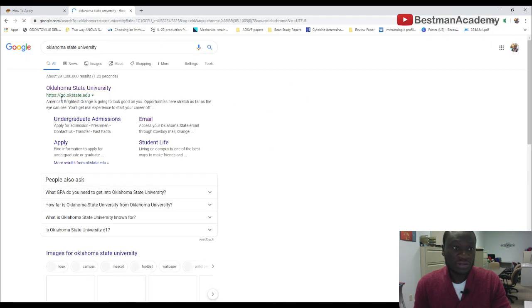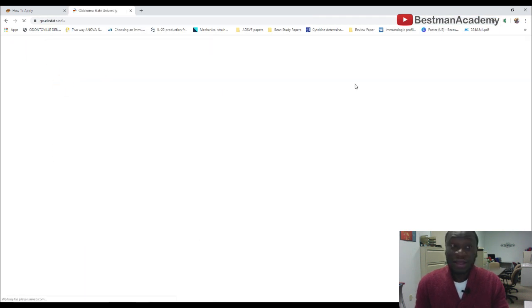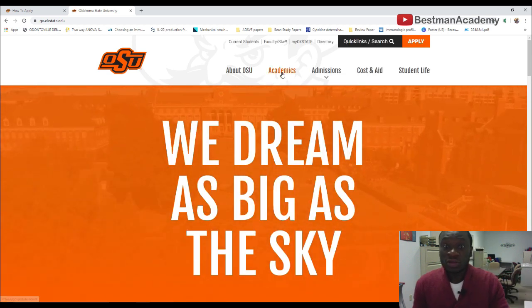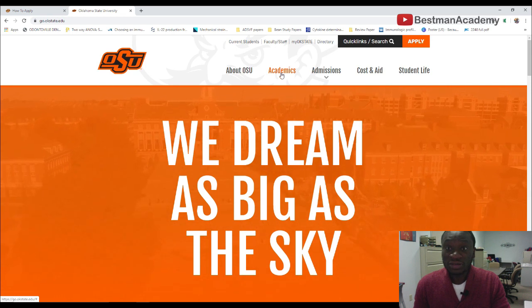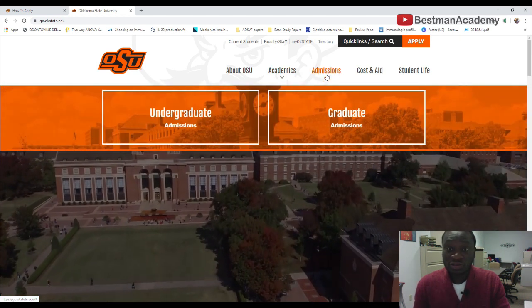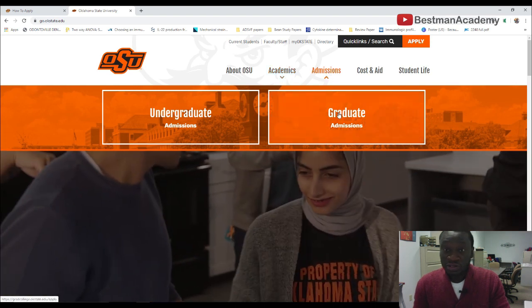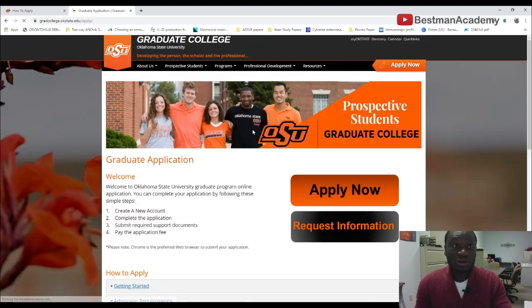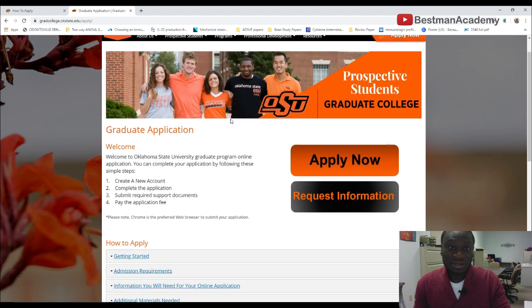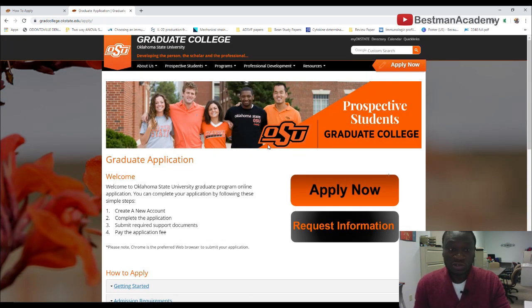Oklahoma State University. So again, apart from looking at department specific requirements, you can also try to find requirements for the graduate college. So here I went to admissions, graduate admissions. So that will take you to the graduate college's website. And you can see here on the graduate college website, just find a link that says apply or admission or something.